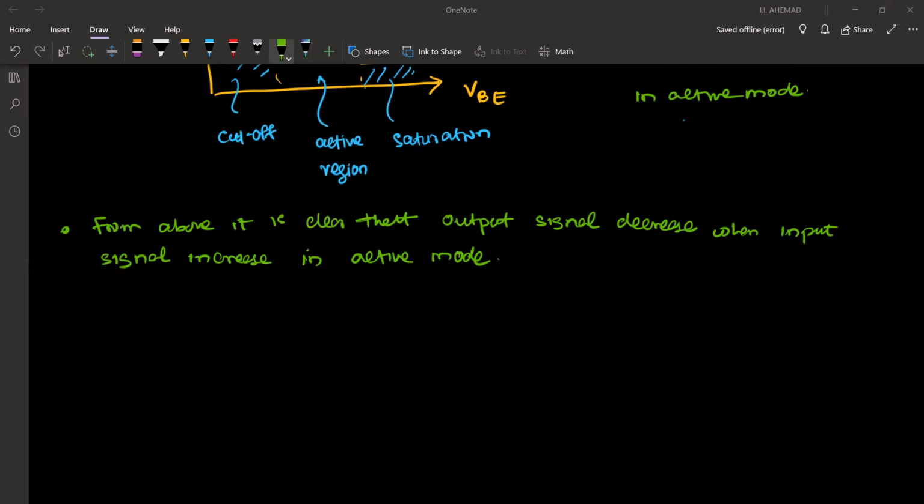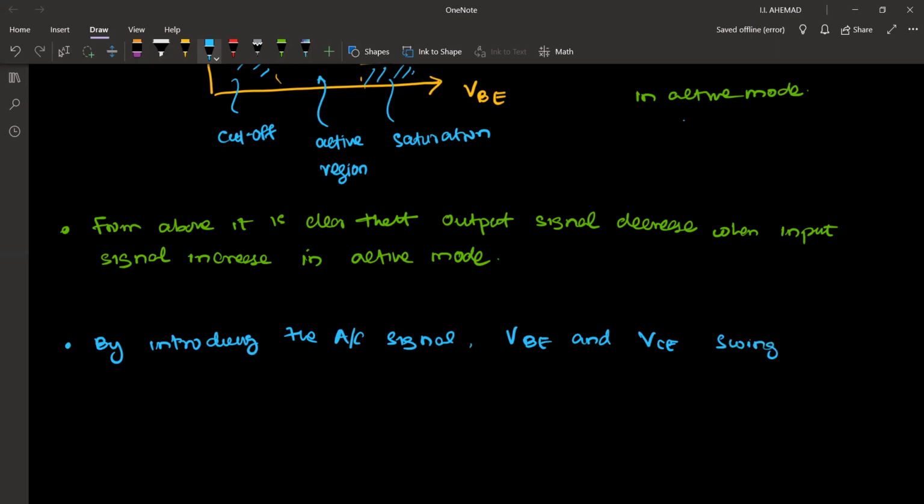So now we can get an idea about how it will fluctuate when an AC signal is given. Okay, by introducing the AC signal, VBE and VCE swing about their values, as shown.